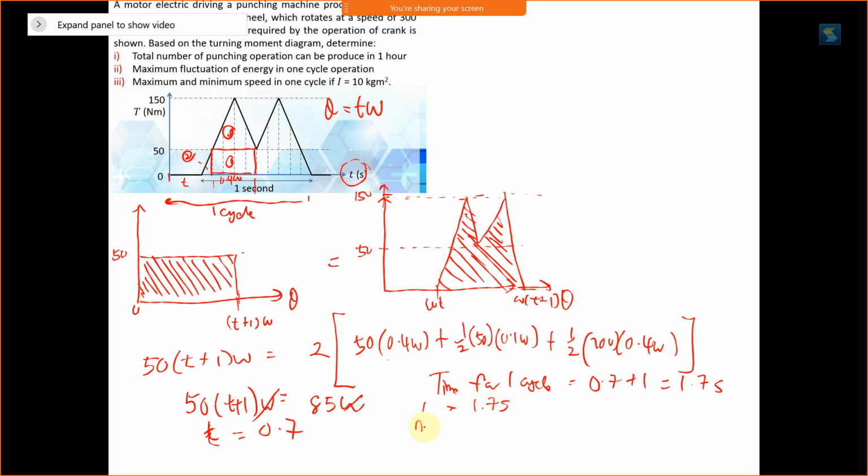So how many punching machine operations in 1 hour? 1 hour equals 3600 seconds.